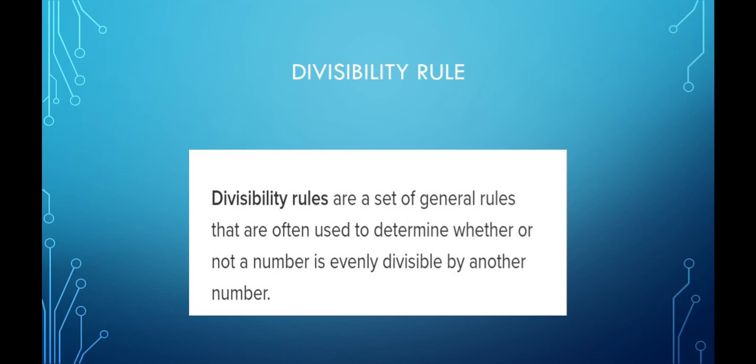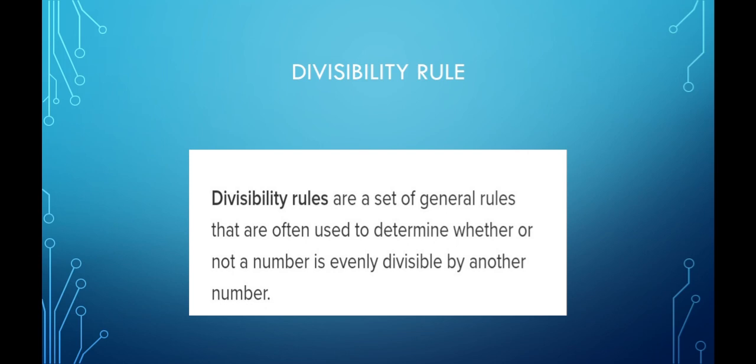Now, divisibility rules. Divisibility rules are a set of general rules that are often used to determine whether or not a number is evenly divisible by another number. Based on this general set of rules, we can determine whether or not a number is evenly divisible by another number, say 2, 3, 4 or any.